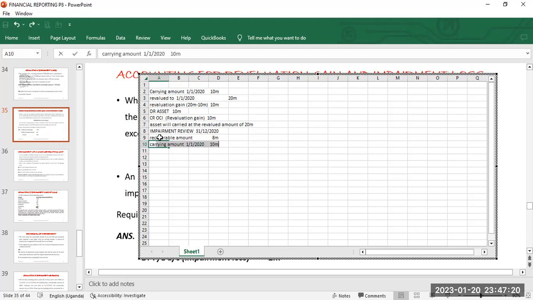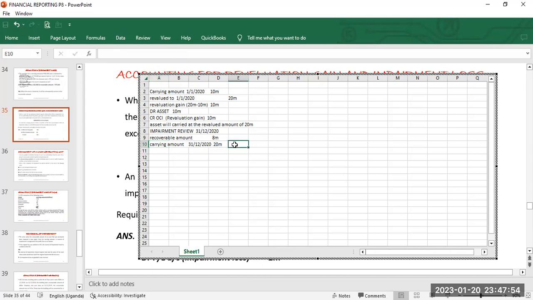But our carrying amount as of the same date still remained the same. Of course, it was still at 20 million.